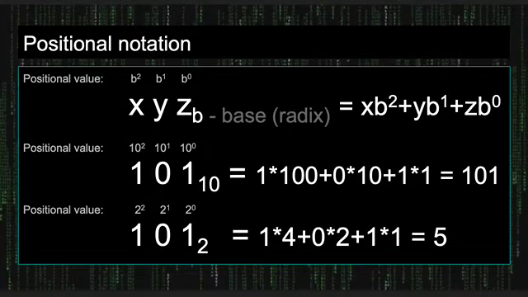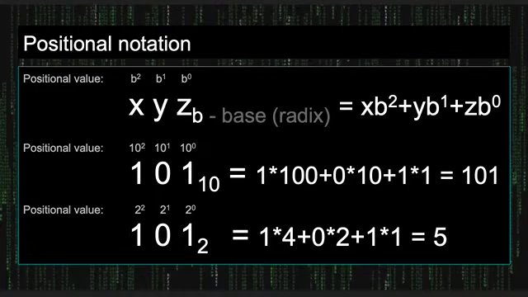In binary numbers, the positional values of digits are units, twos, fours, and so on. In order to get the value of a number, we multiply digits by their positional value. For example, 101 in binary has a value of 5 because 1 times 4 plus 0 times 2 plus 1 times 1 is equal to 5.